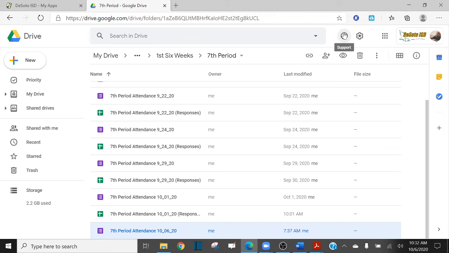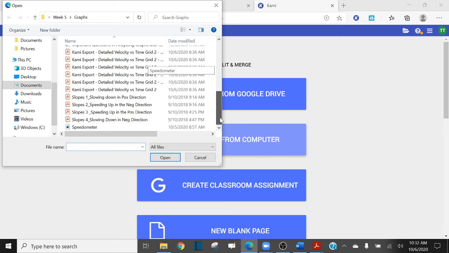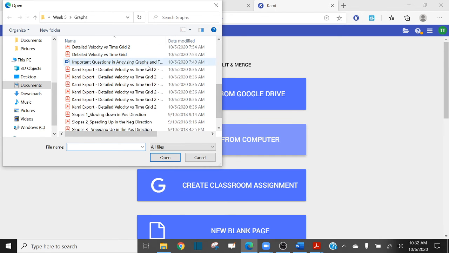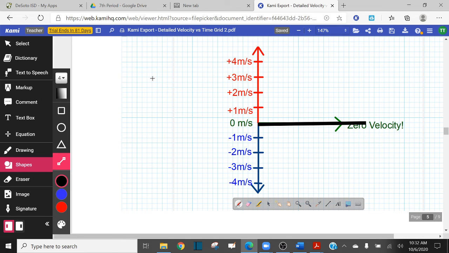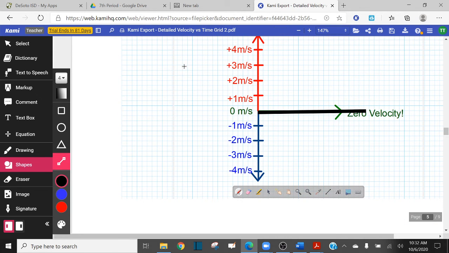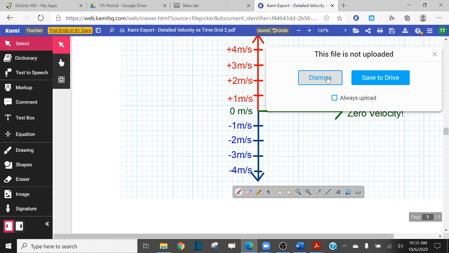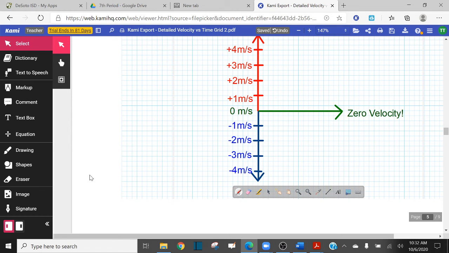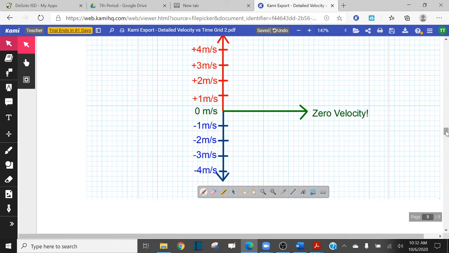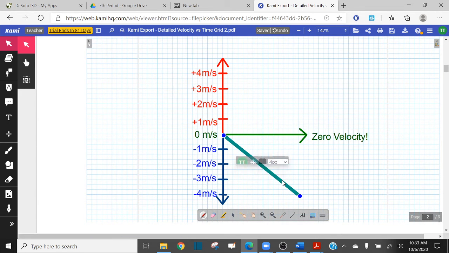Guys, give me just a second. I'm trying to open up a blank file. Hold on, guys.